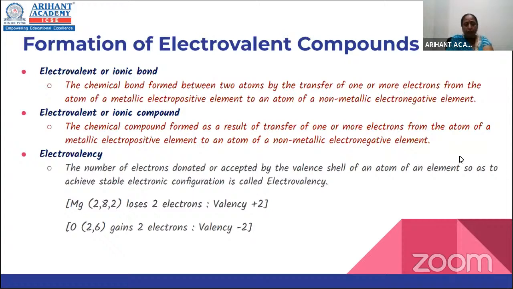So basically, electrovalent and ionic both mean the same thing. And we also understand that an atom will become an ion if it loses or gains electrons. So electrovalency is, of course, the valency given by the number of electrons accepted or donated.